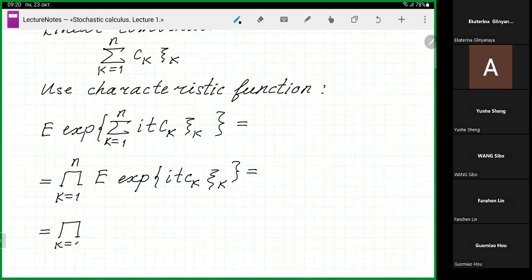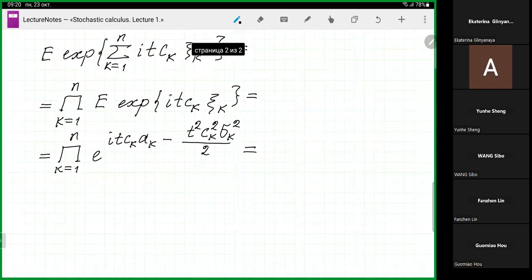It is equal to the exponent of i t c k a k, where a k is the mean of the random variable psi k, minus t squared c k squared sigma k squared, which is the variance of psi k, divided by 2. Now let's write it under the sign of one exponent, and we will have the exponent of the following.